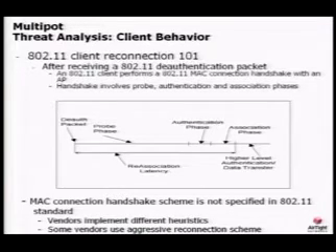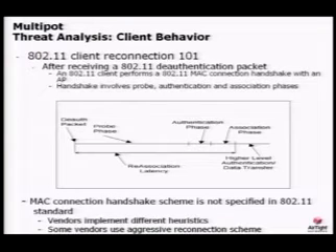Looking at the picture which explains this in a slightly more detailed way, after receiving a deauthentication packet, the client enters a probe phase wherein it visits various channels and tries to compile a list of APs that are available. It uses some logic to determine which AP it needs to connect to, and once it does determine the AP, it will enter the authentication phase wherein it will authenticate with the AP.